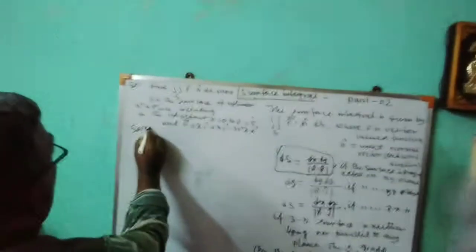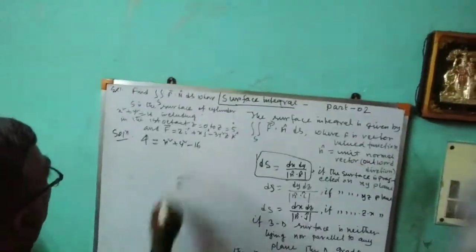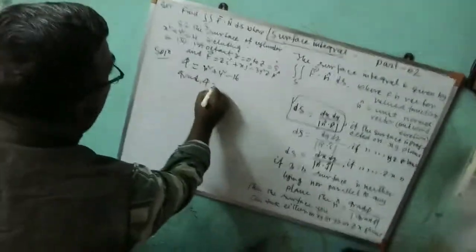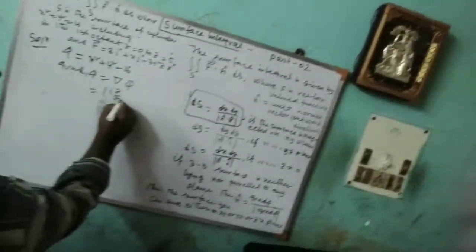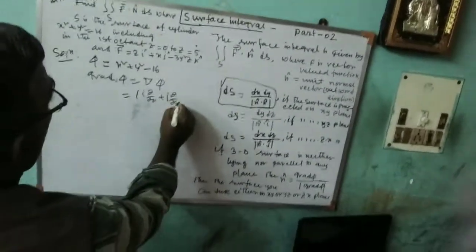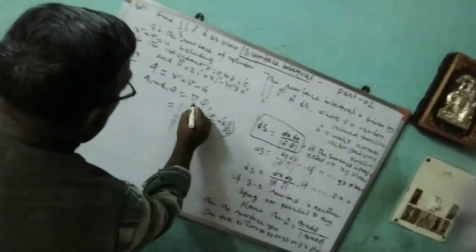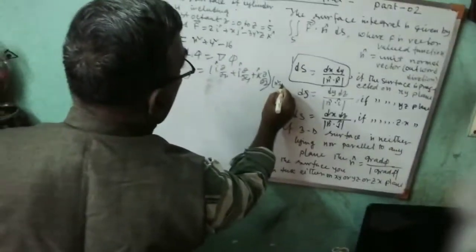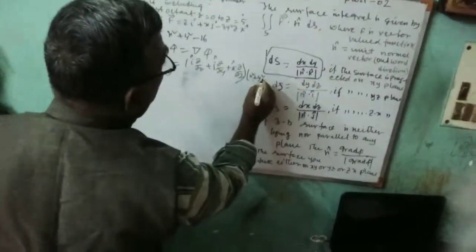Solution. Phi equal to x square plus y square minus 16. So what is grad phi? Grad phi equal to del phi, that is equal to i into del by del x plus j into del by del y plus k into del by del z, where i, j, k are unit vectors, of x square plus y square minus 16.